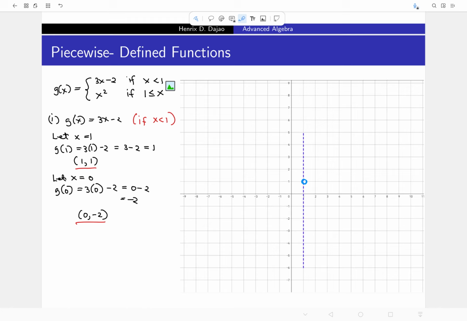Next is 0, negative 2. So 0, negative 2, it's here. So you use now a solid point because we're getting the x that is part of the domain of our function g defined by this.